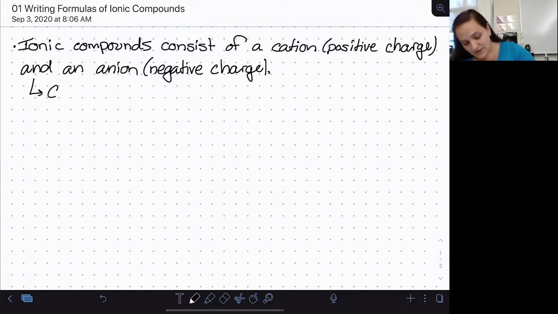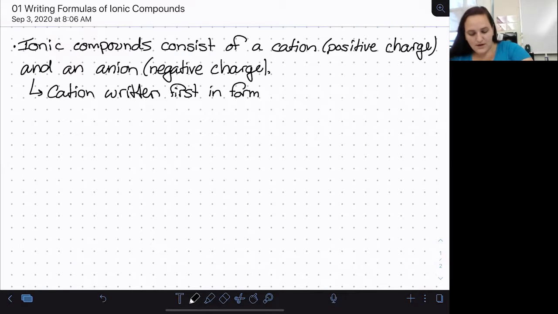By convention, the cation is what's written first in the formula. So if you recognize a formula as an ionic compound, you know that the thing written first has a positive charge, and the thing written second has a negative charge.